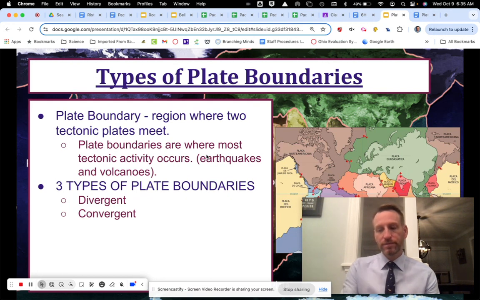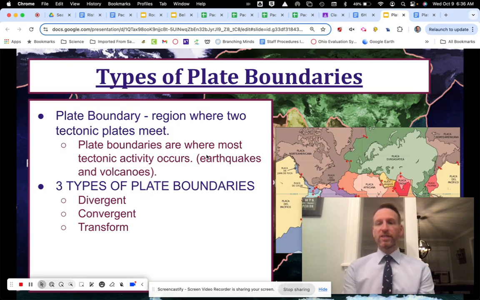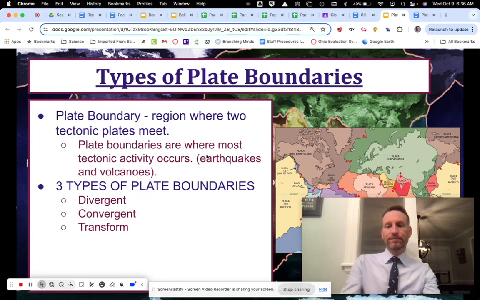Convergent boundaries and transform boundaries. The main amount of time that we're going to be using is going to cover divergent and convergent, because the most is going on there. Transform, there's not a lot going on. Still can have dramatic effects, but just not as many options of what's going on.